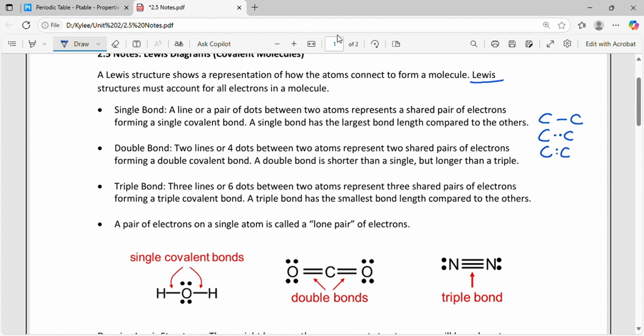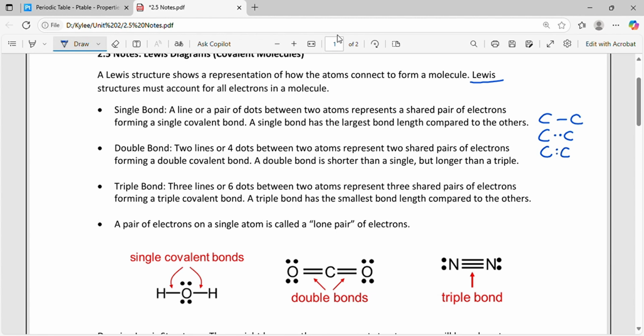But all of these are saying the same thing: those two electrons are shared between the two atoms. A double bond means that 4 electrons are shared, because remember, a covalent bond is the sharing of electrons.